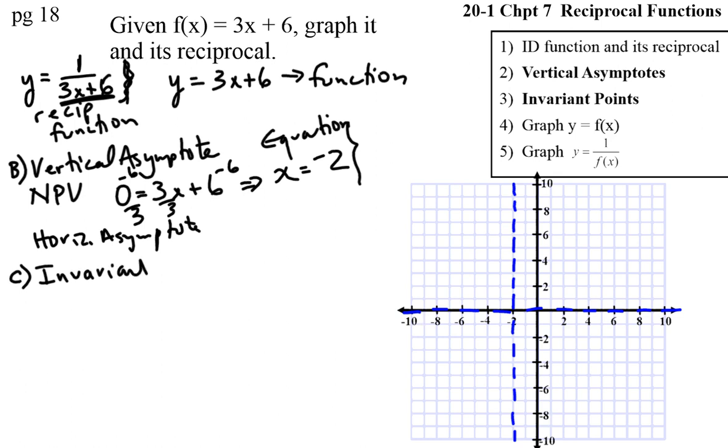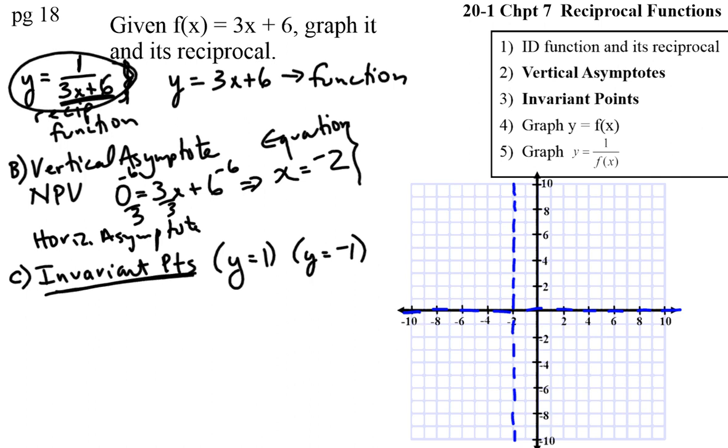Well, invariant points occur where y is equal to 1 and where y is equal to negative 1. Now, it's the same in both graphs. Remember, invariant points happen on the reciprocal graph and on the regular function. So I'm going to work with the regular function. It's easier to work with. First possibility, when y is equal to 1, what's the x value?